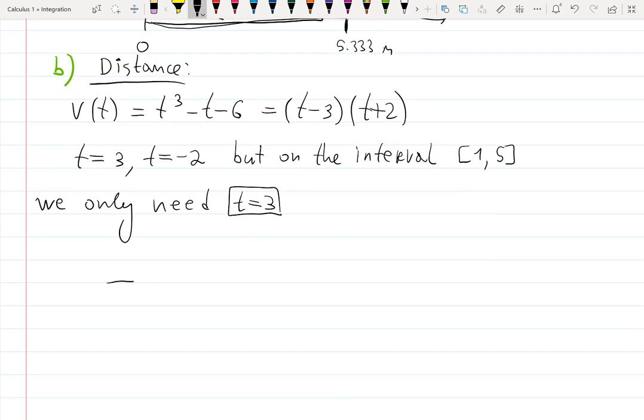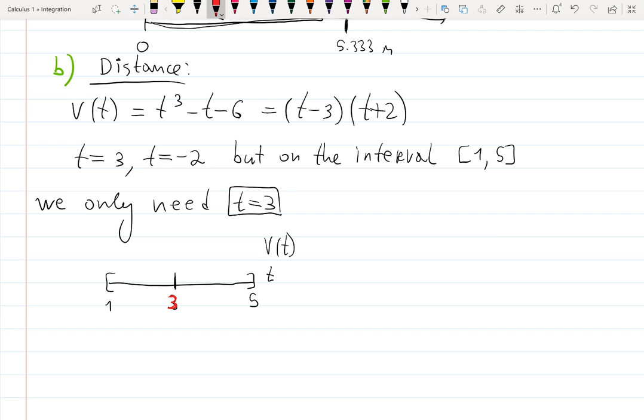Now I'm going to create a sign line for the original function v, not its derivative. No, just a sign line. V, and I will do it like this. This is my t. I want to know where my v is positive or negative. T is considered from 1 to 5. That's what they told us at the beginning. And we know the root 3. This root 3 means at some point velocity was 0. Do you understand that?